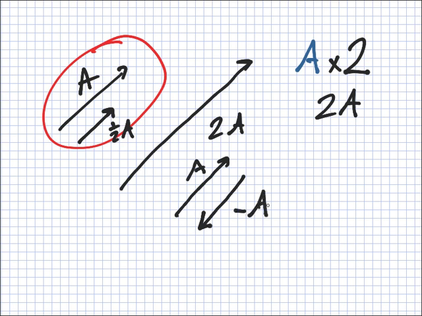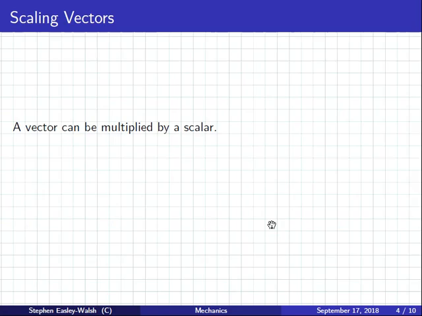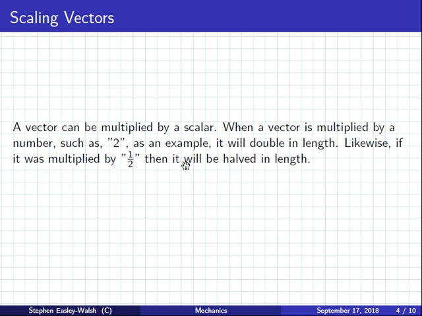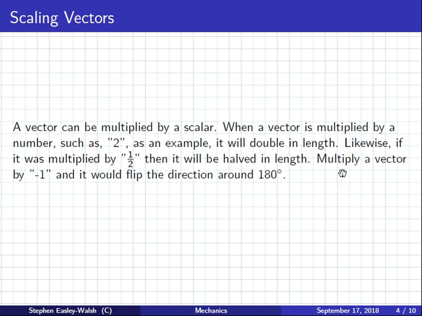This is minus A. So if this is vector A, then this is vector minus A. That's all that happens when you put a minus in. Yeah? Okay. So if you multiply a vector by a scalar, such as 2, then it will double in length. Likewise, if you multiply it by a half, it's half the length. And if you multiply by minus 1, it would change the direction 180 degrees.